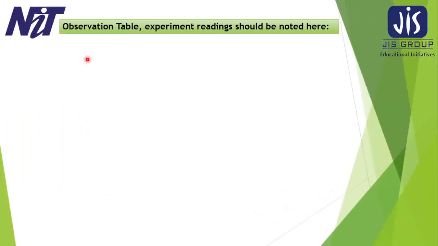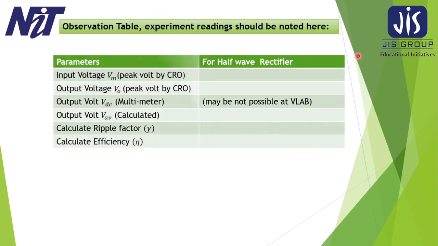So now the observation table for this experiment, when we do the experiment in a web-based experiment, web simulation, is an ideal table where you can note down all your readings and calculate accordingly. On the left hand side all the parameters are declared for a half wave rectifier.